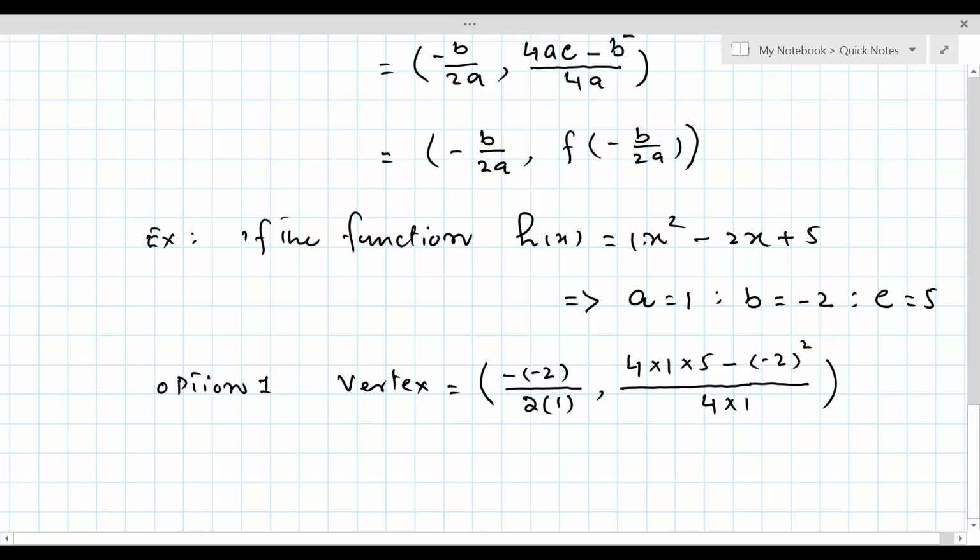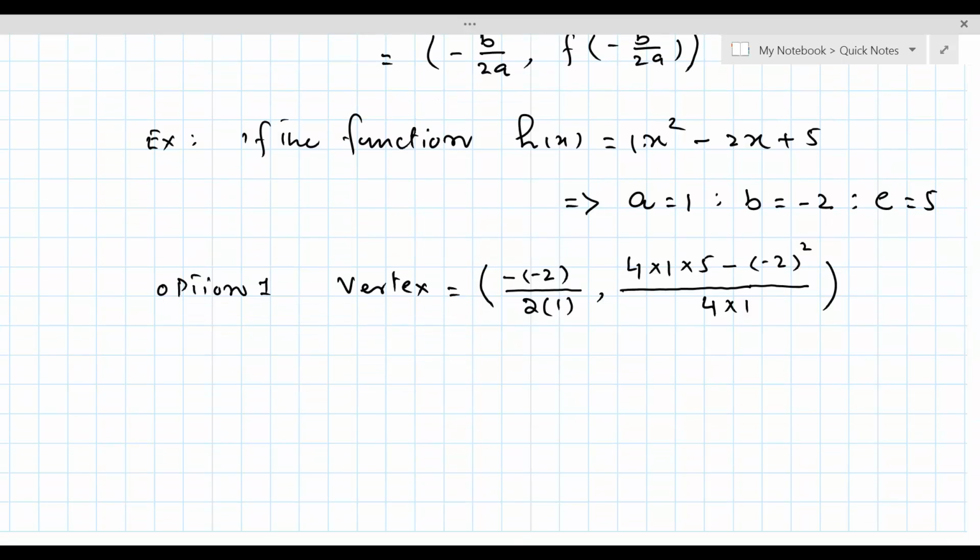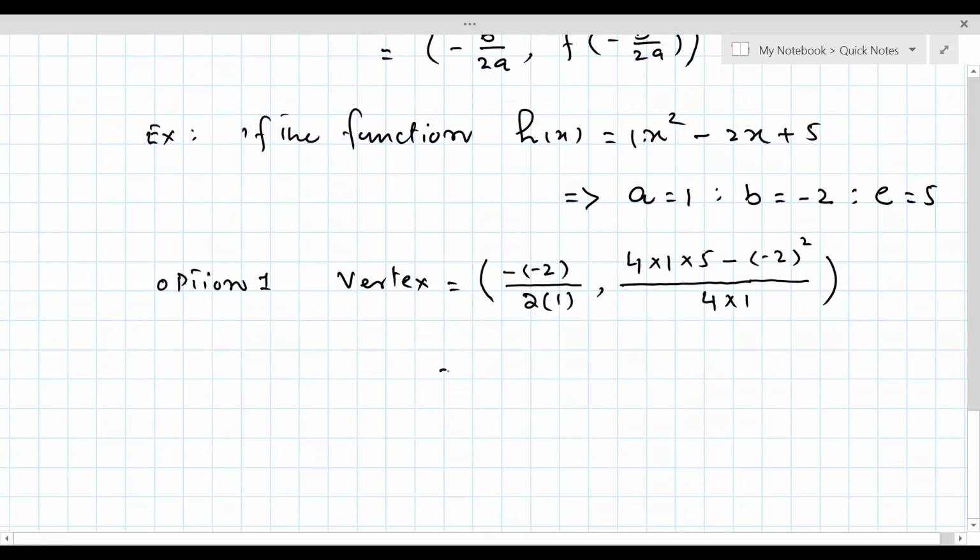So this is the value of the vertex. This is equal to 2 over 2, comma, 4 times 5 will be 20 minus 4, over 4. So this will be equal to 1, and 16 by 4 will be equal to 4. So the vertex is equal to (1, 4).